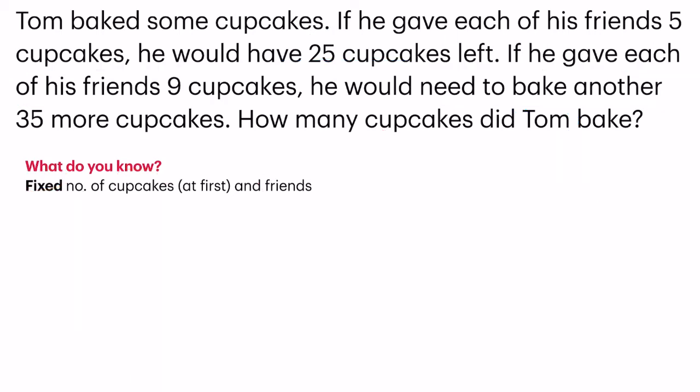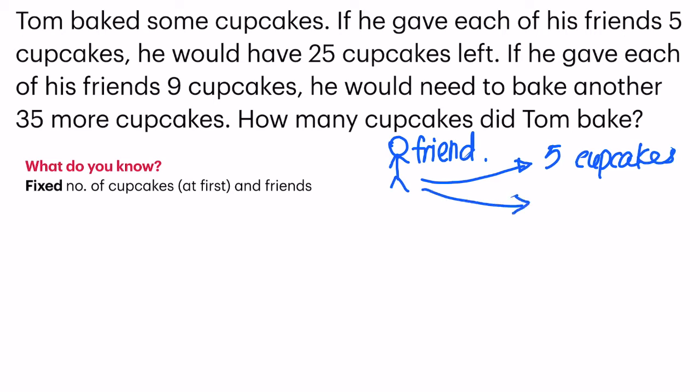And let's try with the second method. Let me draw a little human being. And this is the friend that Tom had. So there are two different scenarios. The first scenario is each of them received 5 cupcakes.